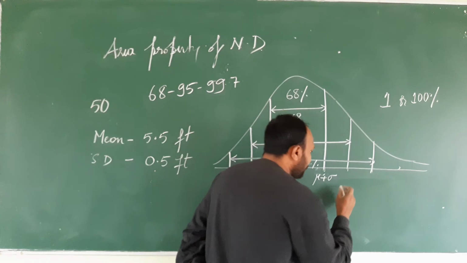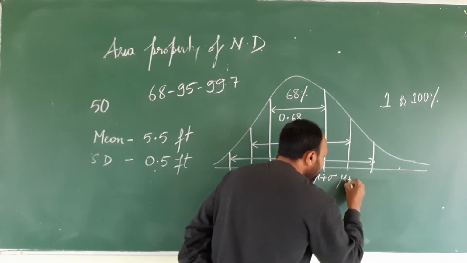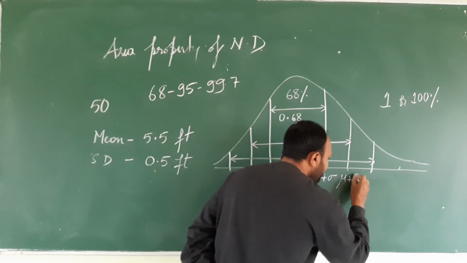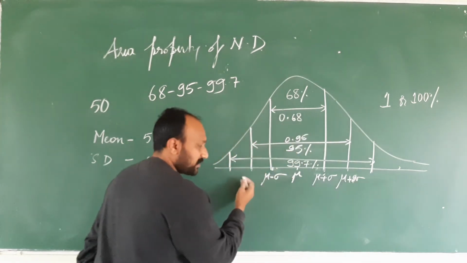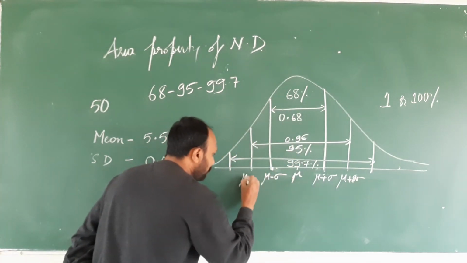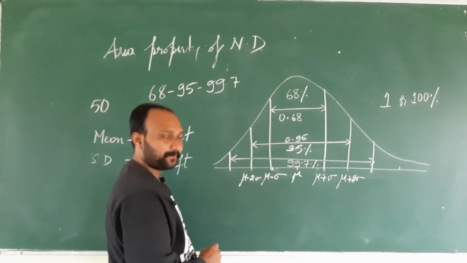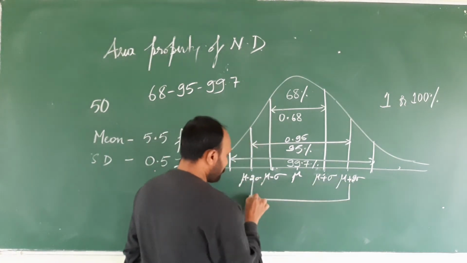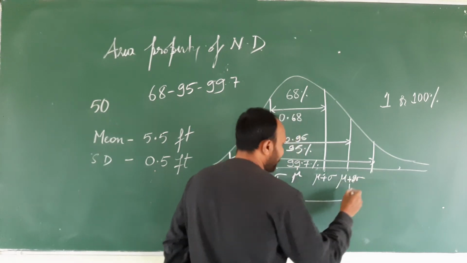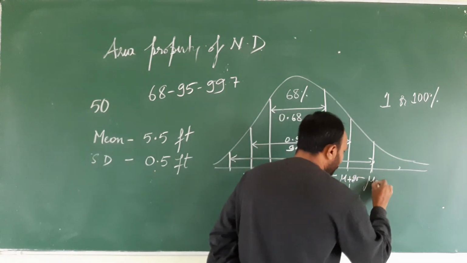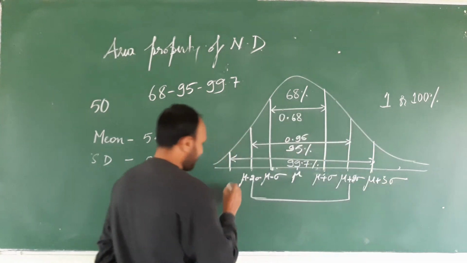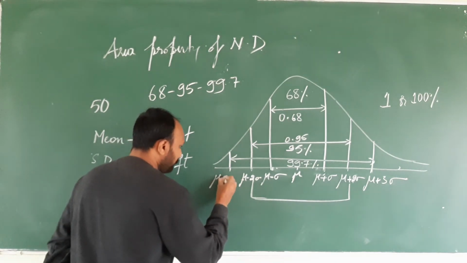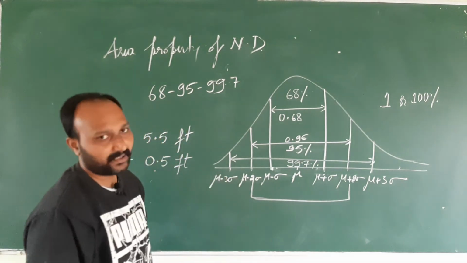If you increase it, next is mu plus 2 sigma, and towards the lower end it is mu minus 2 sigma. Again, this is 2 standard deviations. Next, this particular point is mu plus 3 sigma, and here it is mu minus 3 sigma.